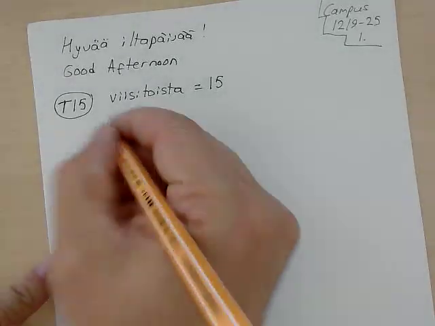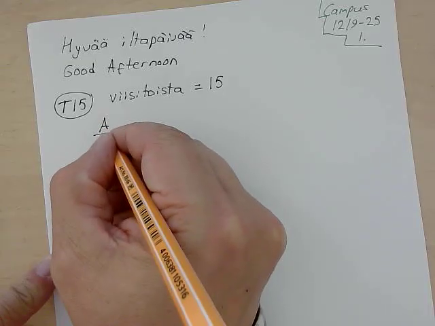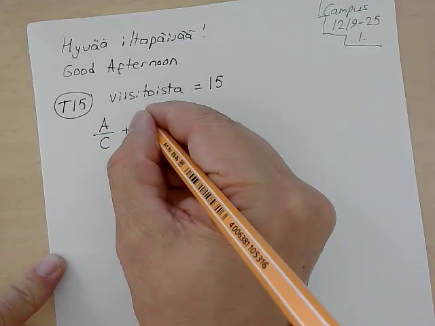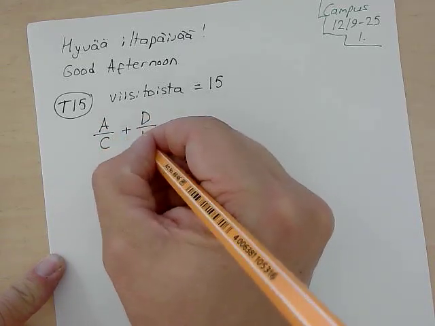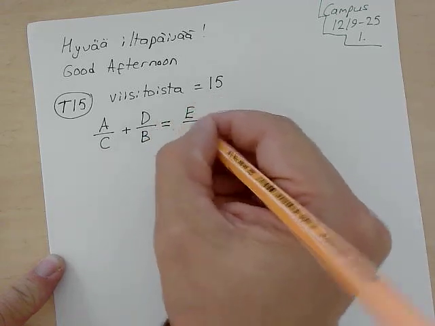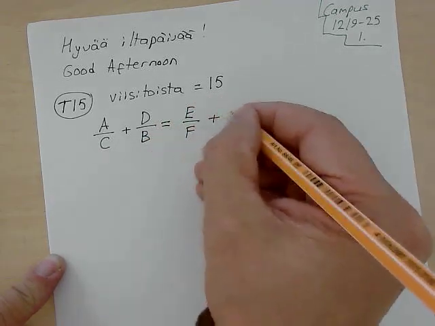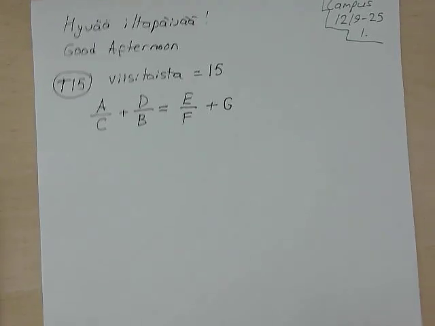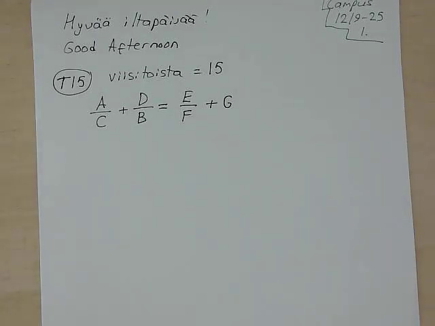Let's write the equation here. And how would you solve this problem? You try to leave d on one side and the others on the other side.